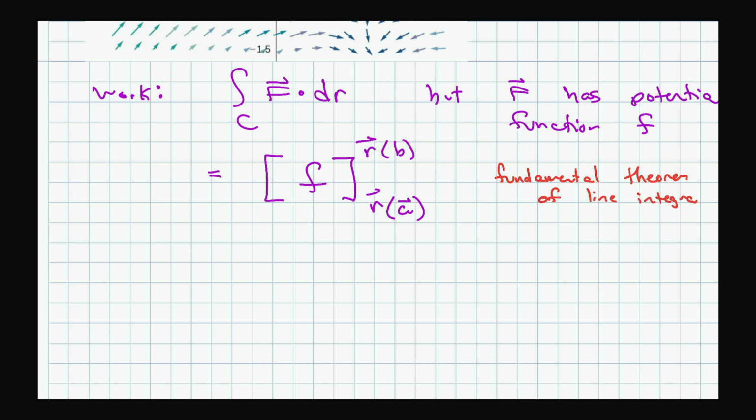Notice that I'm not writing anything in yet, because it would just be a waste. Why bother writing out what capital F is? We don't care. I know that the way you do this is capital F goes to little f here, and then we plug in the endpoints. Once I write this, now I substitute stuff in. What is the little f? Little f is the potential function.